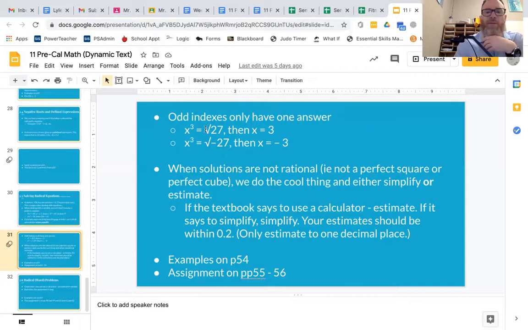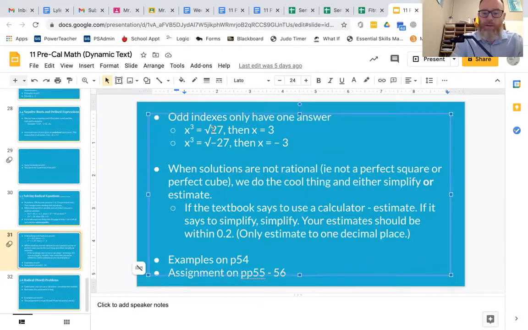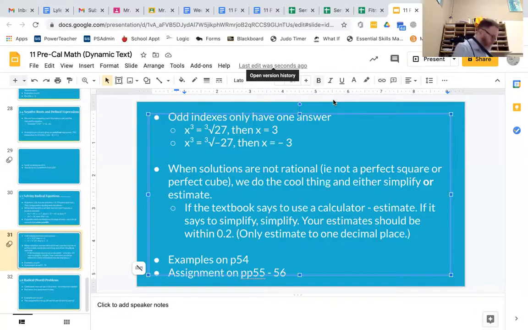you guys, this should say cube root in here. I forgot to do that, apparently. Wrong one. There we go. So with the cube root, I'm going to mute you for a second because I got a phone call. Give me a sec, you guys.